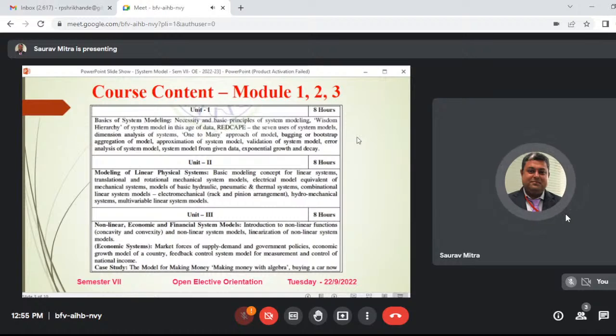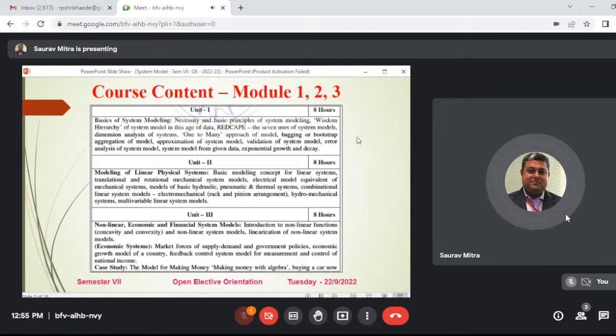Third module is a little bit deviating from engineering, because here we are going to see nonlinear economic and financial systems. We are going to learn about the linearization technique. In the economic system we are going to see economics and finance: the supply demand curve, government policies, and the economic growth model of a country. How does feedback help in developing a system model for measurement and control of national income?